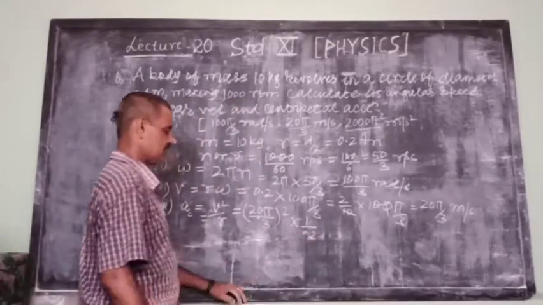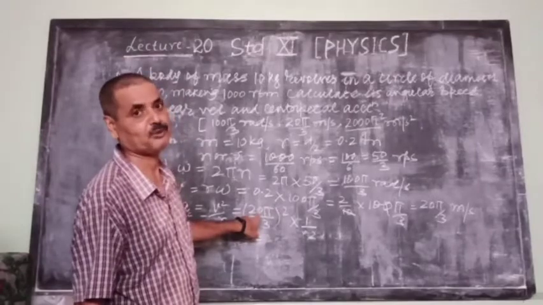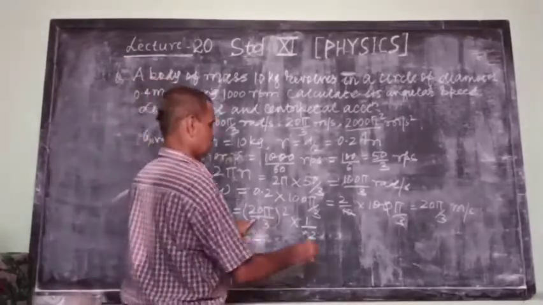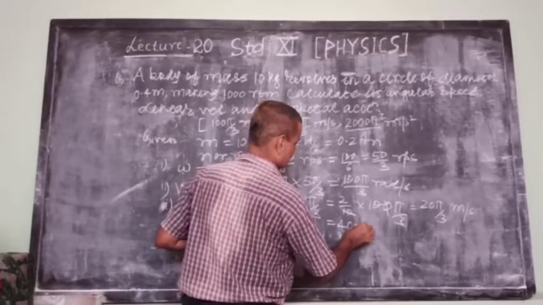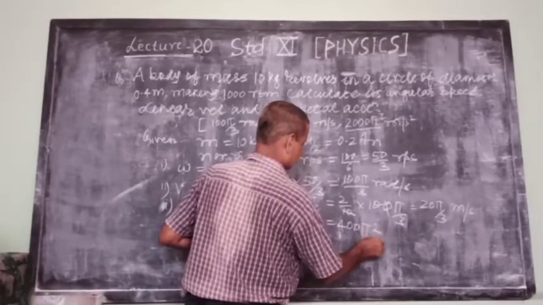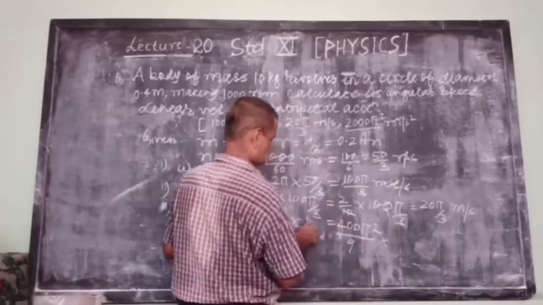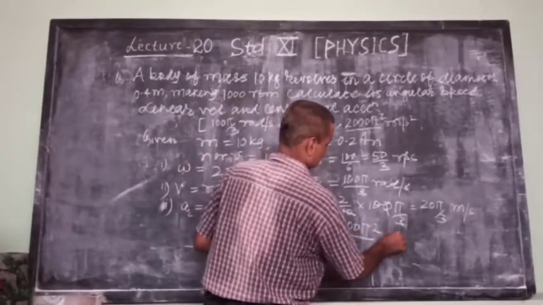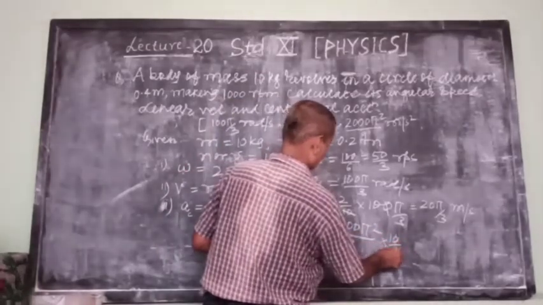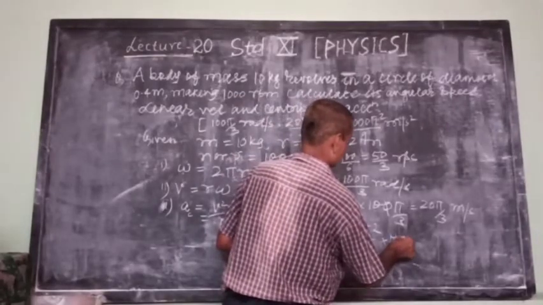I am expecting you all will calculate 20 pi square, that means 400 pi square by 9, and 1 by 0.2 means 10 by 2. So it will be 5.